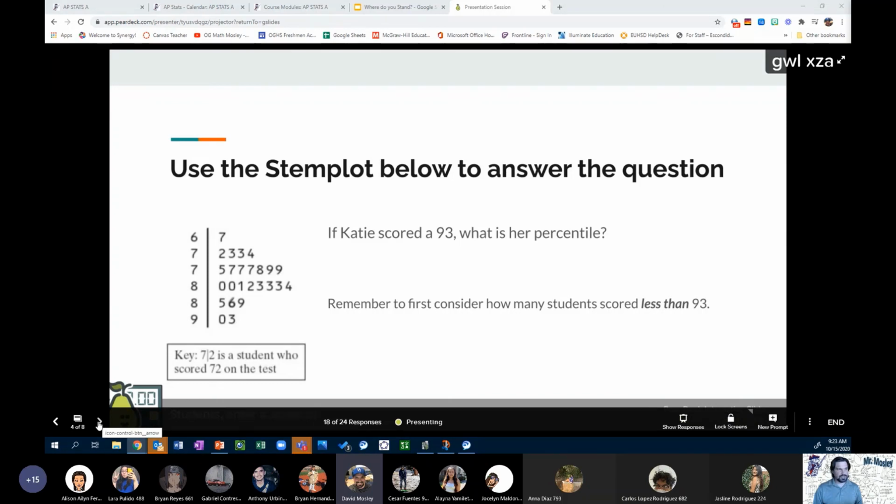Try another one. So we have 2 students who scored an 80. What is the percentile for that score? Once again, remember to first consider how many students scored less than 80.